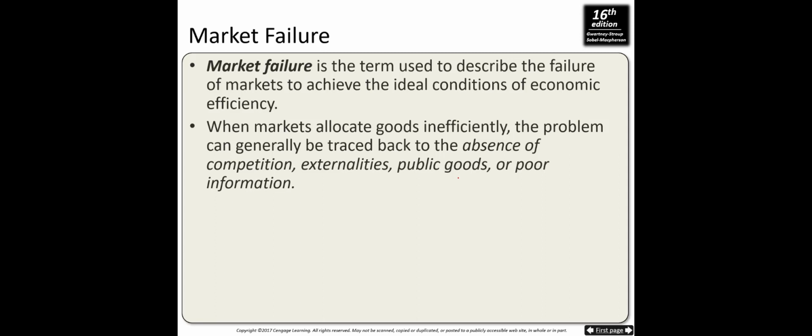If there is an external benefit, then government can subsidize the activity, like giving subsidies to college students. If there is poor information, then government inspects the product for the customers. And if there is a public good, then the government can provide the public good by collecting taxes, because markets cannot do the job.